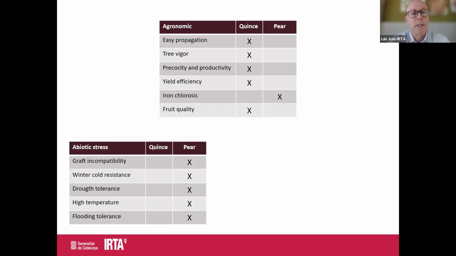The second question is abiotic stress. And in this case, Pear is the king because we have no problems of grafting compatibility, since we are grafting Pear on Pear. It's not the situation in the case of quince. Winter cold resistance: in some countries in the north of Europe, the north of US or Canada, they have no option to grow with quince as a rootstock because they are more sensitive to the winter cold.